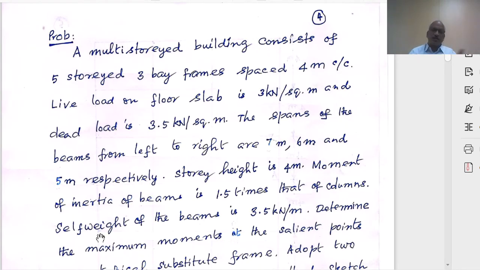Of course, in an analysis problem it will be given as 1.5 times, 1.8 times, like that, and we can do the problem. But when you want to analyze and design a building frame, one must know what thumb rules are available for assuming the tentative dimension for a column and for a beam. This one must know.